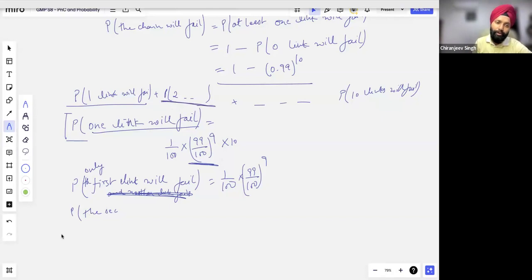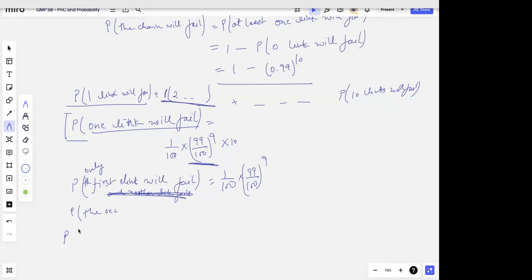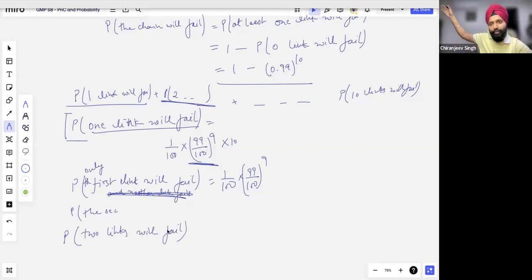If the probability is that two links will fail, of course you need to talk about various cases. Then you need to calculate for 3, 4, 5, 6, 7, and so on.